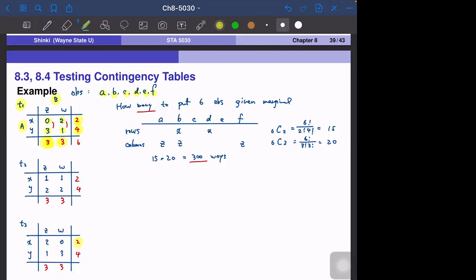And how likely is it that each table happens? So we want to calculate this. How many ways are there to make table 1, T sub 1? Then we have 0, 2, 3, 1. In total, we have the 6 observations.